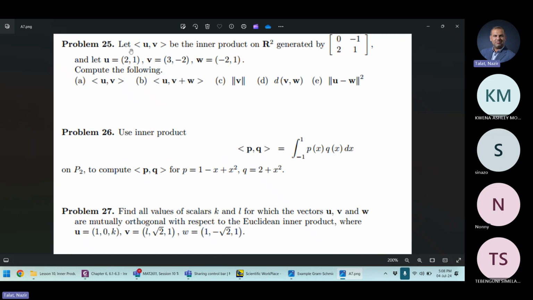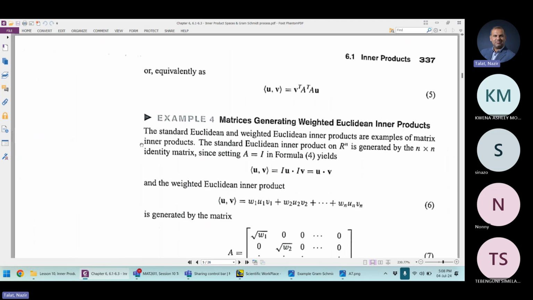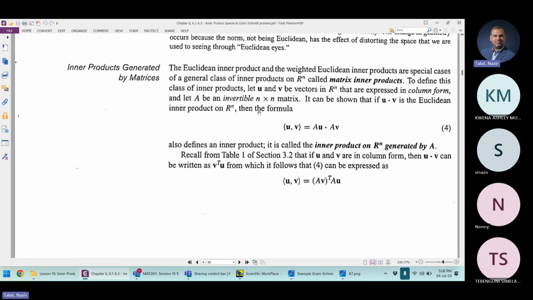No, look, the inner product of U and V is generated by this matrix. It means this matrix is also part of that. Remember that if there is an inner product generated by a matrix, there is a rule for how to compute it. The inner product of U and V means AU dot AV.